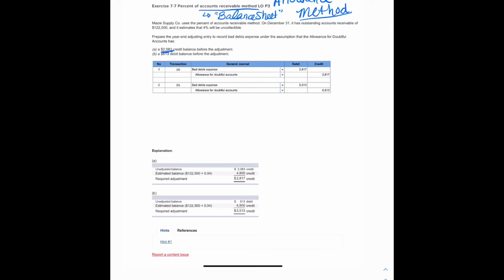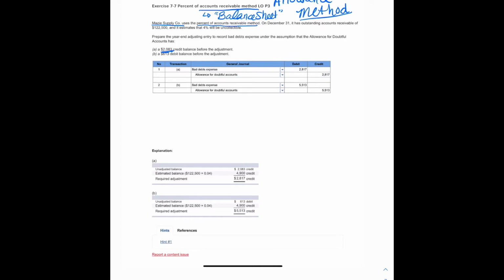Now, in the last question, I told you whatever you did for that basic calculation would give you the amount for the journal entry. That is not true if you're using a balance sheet method, and we'll see that as we work through this question. So this question tells us that Mazie Supply Company uses the percentage of accounts receivable method. And so let's make sure we know the method.